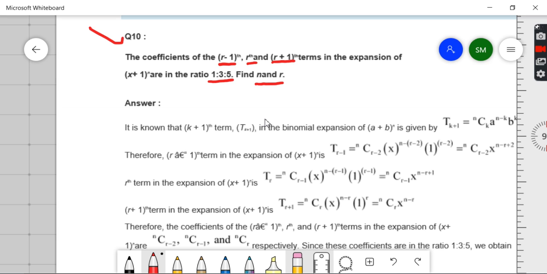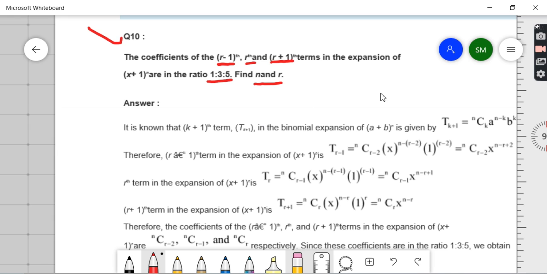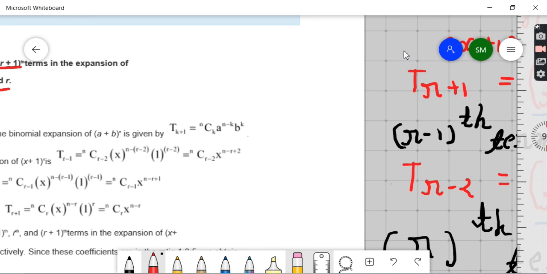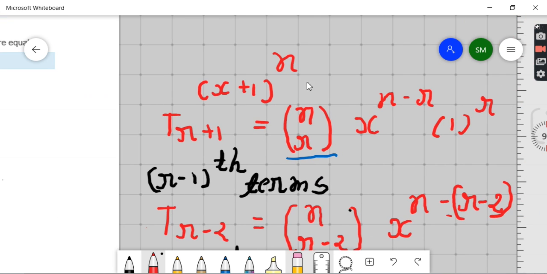Here, first of all, I will concentrate on the general term. Once again, you are familiar with how to write down the general term of (x + 1) raised to n. So a is equal to x, and b is equal to 1. Now I will not bother about 1 because 1 raised to any natural number is 1 only.